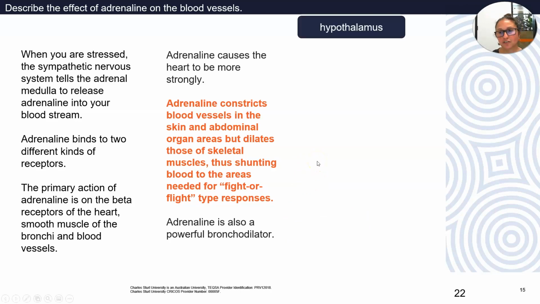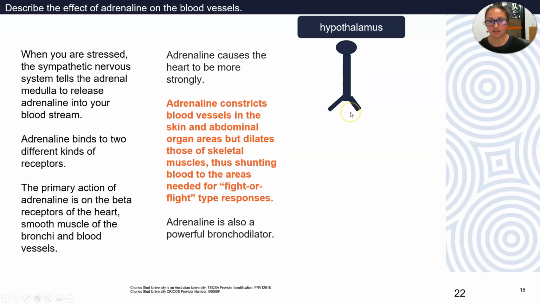So when you are stressed out, your hypothalamus detects this, and your hypothalamus activates your sympathetic nervous system. Now, this means that a set of neurons are going to be firing action potentials. So your hypothalamus detects that you're stressed, and it tells certain neurons to fire.